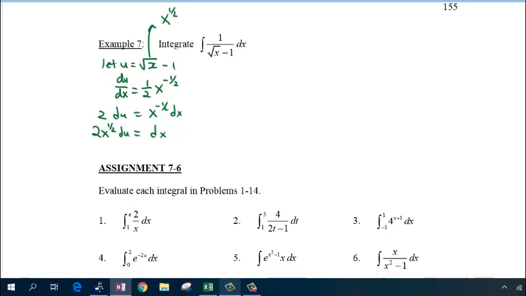Okay, let's try to do u substitution now. So 1 over u, and dx becomes 2 x to the 1/2 du, and now you're like, that's a problem. I have nothing to divide out the x to the power of half. What to do?